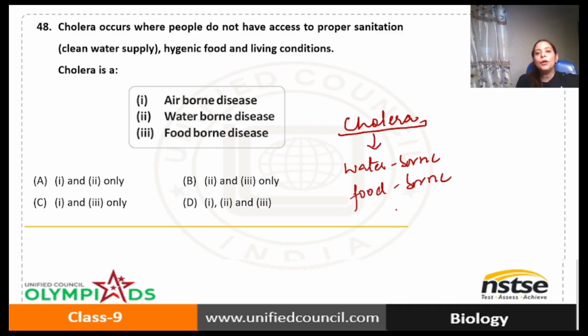If your food gets contaminated, for example by mosquitoes or flies, we often say do not keep your food without a lid. Cover your food item and then place it. When we go out and eat vendor food, we can see that they keep all the food items without lids. So flies, when they sit on the infection causing agent also, pass the infection causing agent to the food item, and if you consume that food item, that infection causing agent will go inside your body, multiply, causing disease.